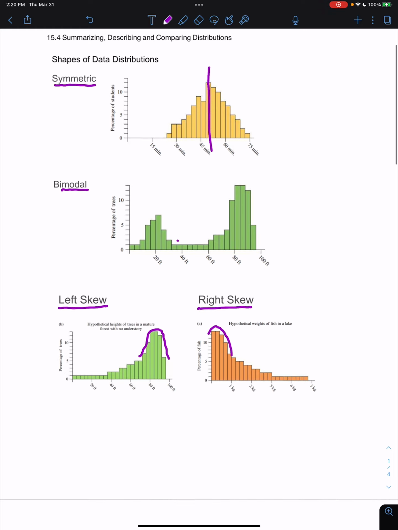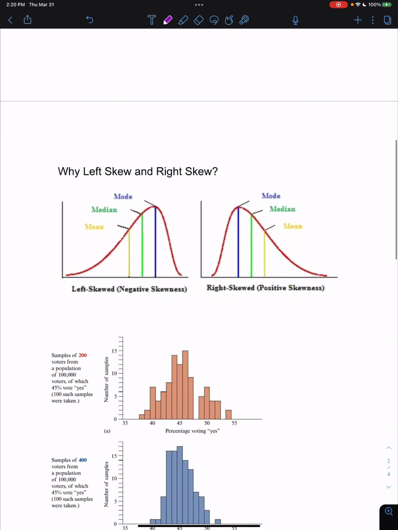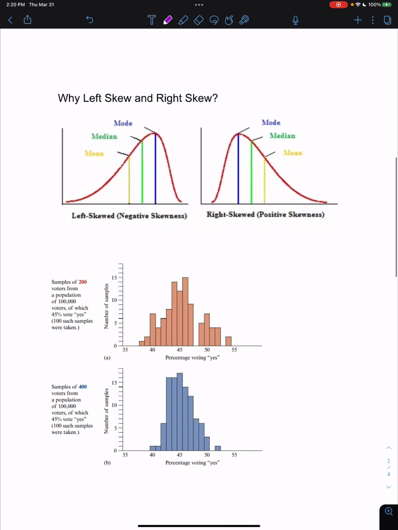So let me see if I can help you to think about why these are called left skew and right skew. And it has to do with the relationship between the mean, the median, and the mode. So you'll see here that in our left skew or negative skew graph, we've got this tail on the left.